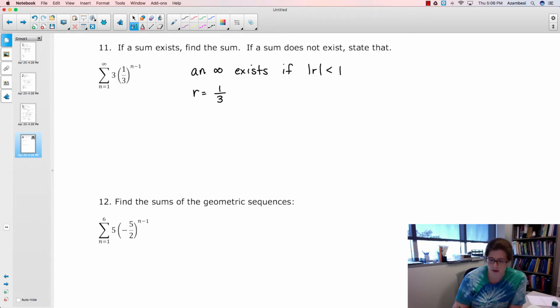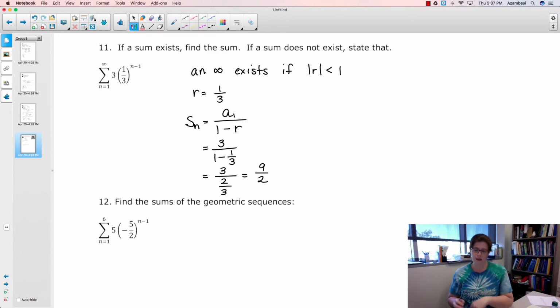So if that sum exists, then the sum is equal to A1 divided by 1 minus R. So I'm going to go through, and A1 here would be 3. 1/3 is R. So this is equal to 3 over 2/3. Multiplying, so 3 over 1 times 2 over 3 gives me 9 halves. And that's my sum. Remember that that's not actually the number that it adds up to, it's the number that you put a cap on it and it never gets to.